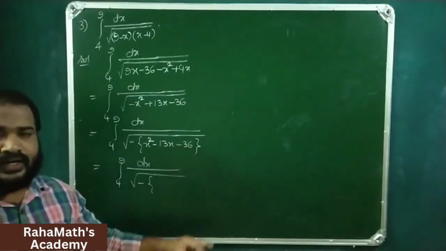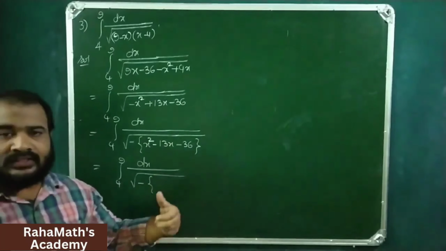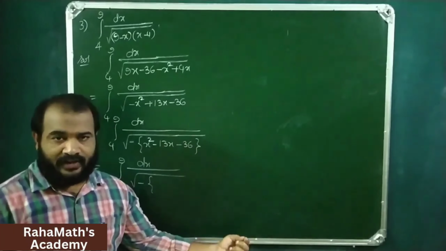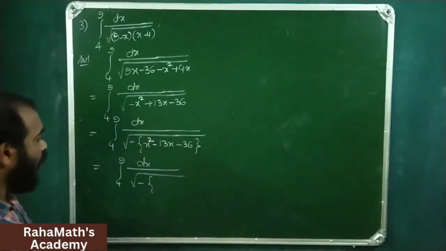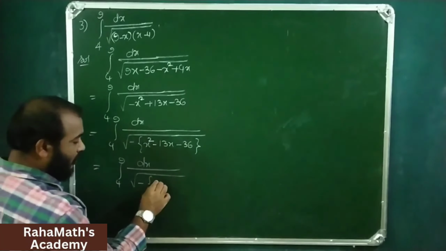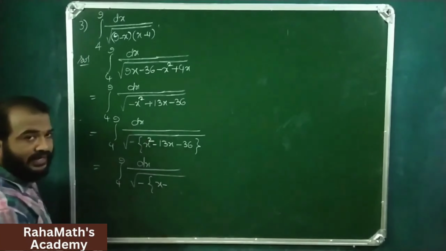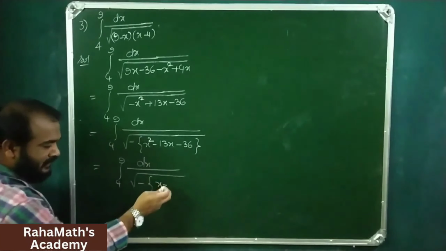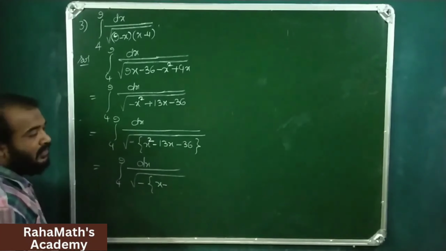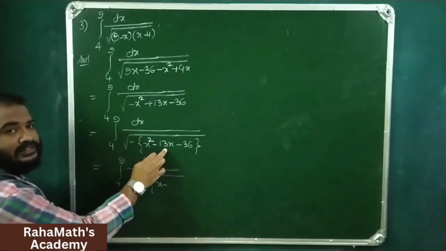So you need not go in a systematic, traditional way. All you need to do is, if x square is there, you write here x. If minus is there, minus you write. If it is plus 13x, same plus you write. So the coefficient of x is 13.